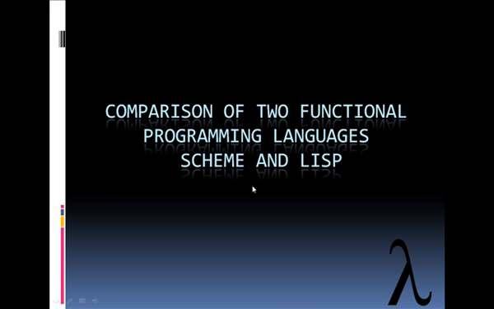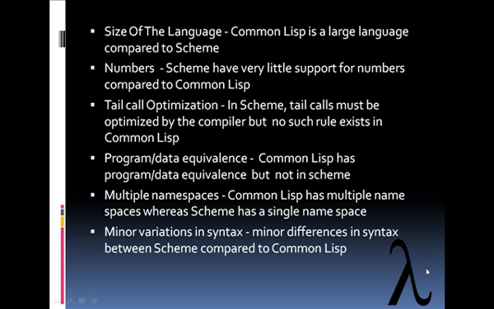Here, we will describe the most important differences between Scheme and Common Lisp. Size of the language. Common Lisp is a large language compared to Scheme, and that is good. Many things in Common Lisp that are missing in Scheme are features that are frequently needed by many programmers.